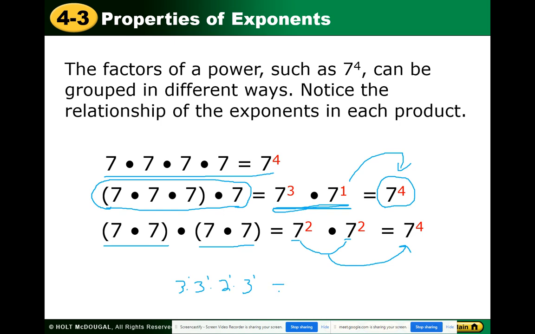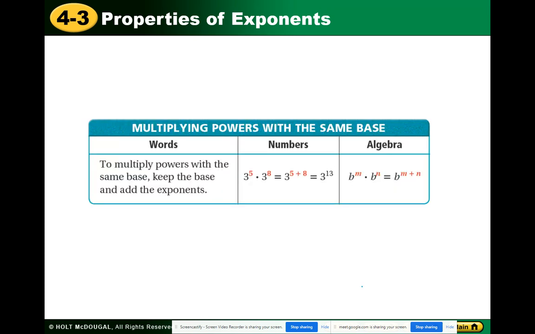Or what would it be, Natalie? Good. So it'd be 2 by itself and 3 to the third power. So if the bases are not the same, we can't add their exponents. That's what I was kind of going over, and we'll do that.